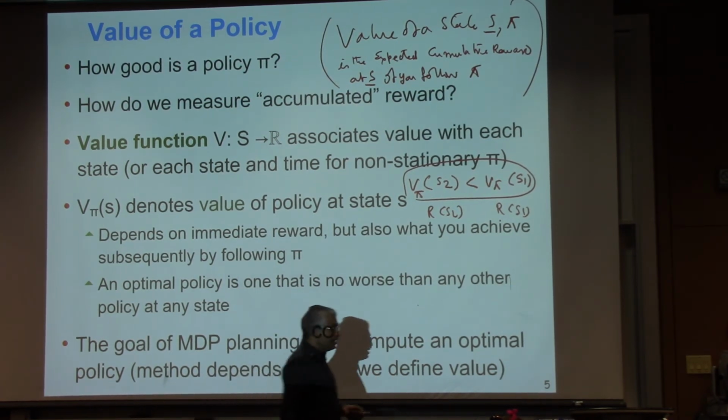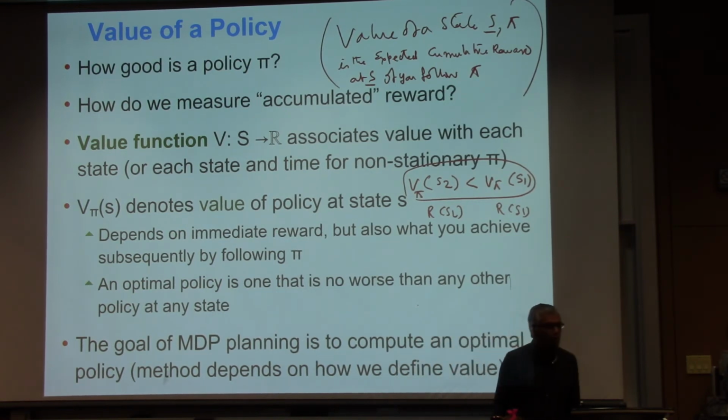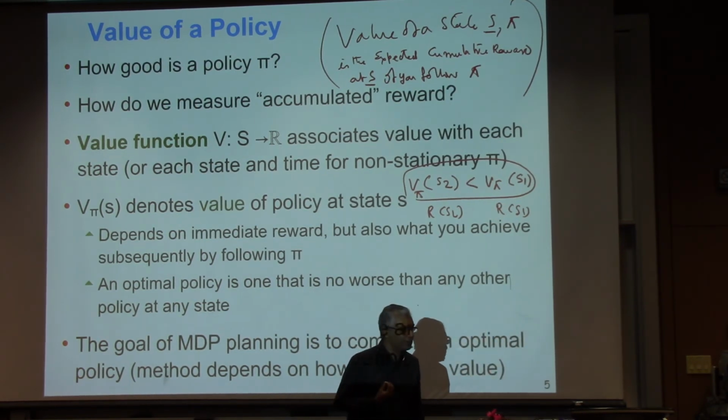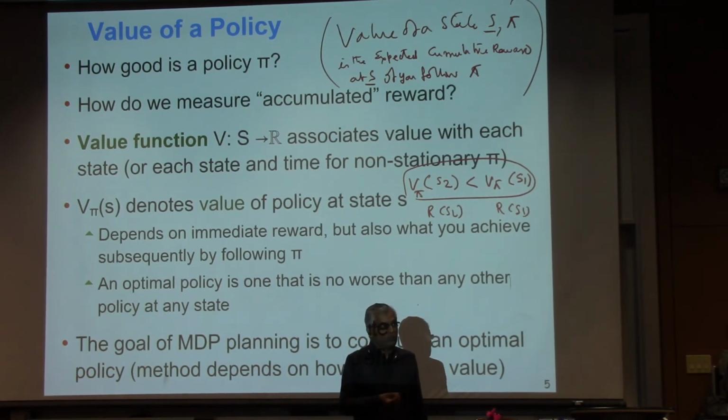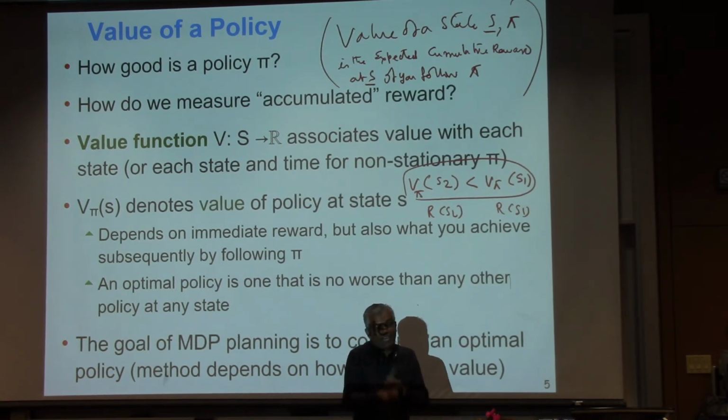So for example, consider a state where I don't eat candy at night before going to sleep, and a state where I do eat lots and lots of candy at night before going to sleep. Which one has higher reward? Unless you're one of those crazy people, it's clear that having candy is always good.